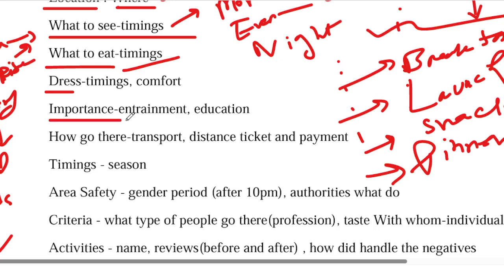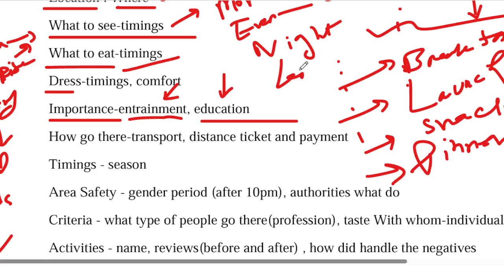And then you can talk about the importance. Whenever you go to a place, it must give you some entertainment. It also gives you some education. What kind of entertainment did you get out there, and what types of education did you get out there? Talk about that.